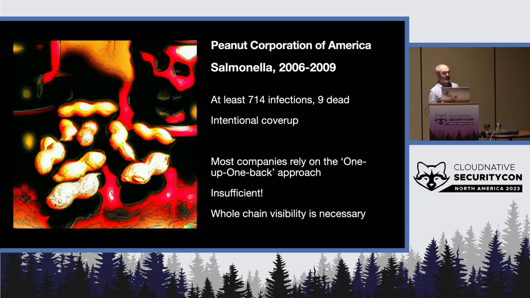So some companies purchased the contaminated peanuts from a third party without knowing that the original source of the peanuts was the Peanut Corporation of America. So even after the recall, this meant they continued to sell the products because they didn't have sufficient visibility into the entire supply chain. We as software developers, we don't have any such excuse.